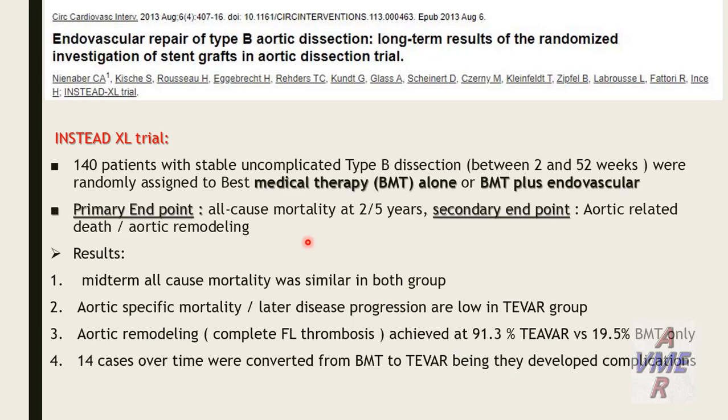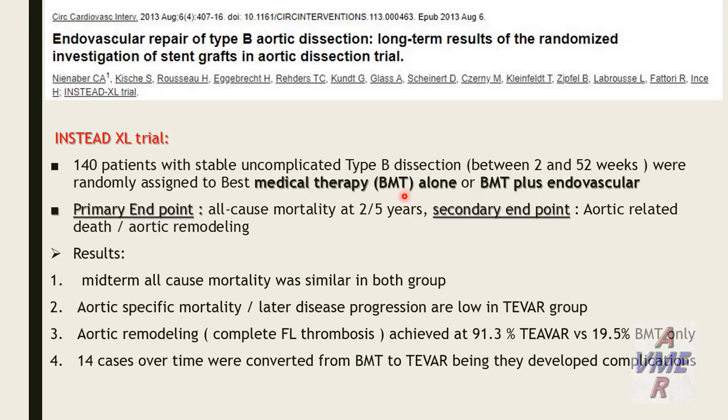So in the INSTEAD-XL trial, conducted over 140 patients with stable, uncomplicated type B dissection between 2 weeks to 52 weeks, they were randomized between the best medical therapy group and the TEVAR group plus best medical therapy.